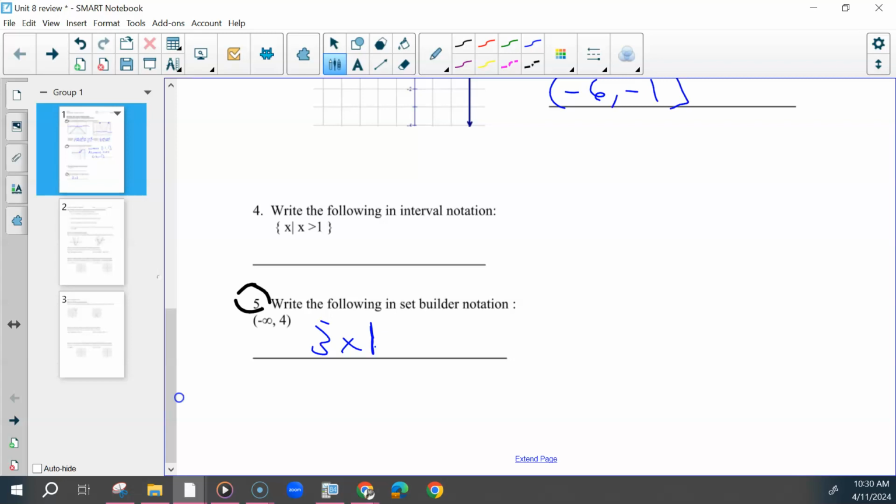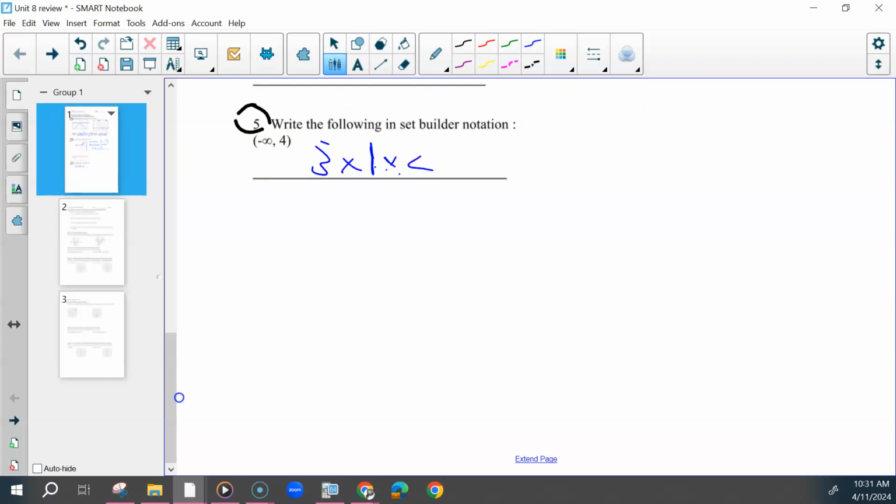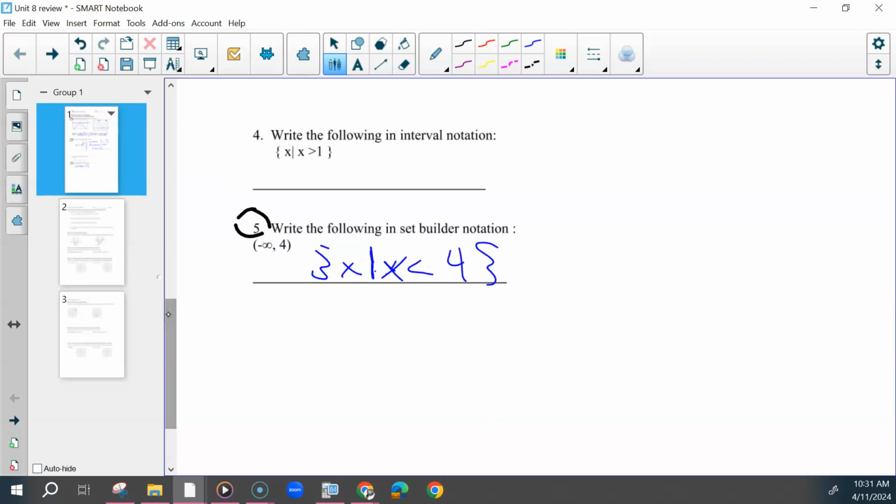Curly bracket, x line, just like this one. And then would this be above 4 or below 4? Below 4. And because this is a parenthesis, that's going to be x less than 4. So you're just rewriting it into the other version of what it would look like.